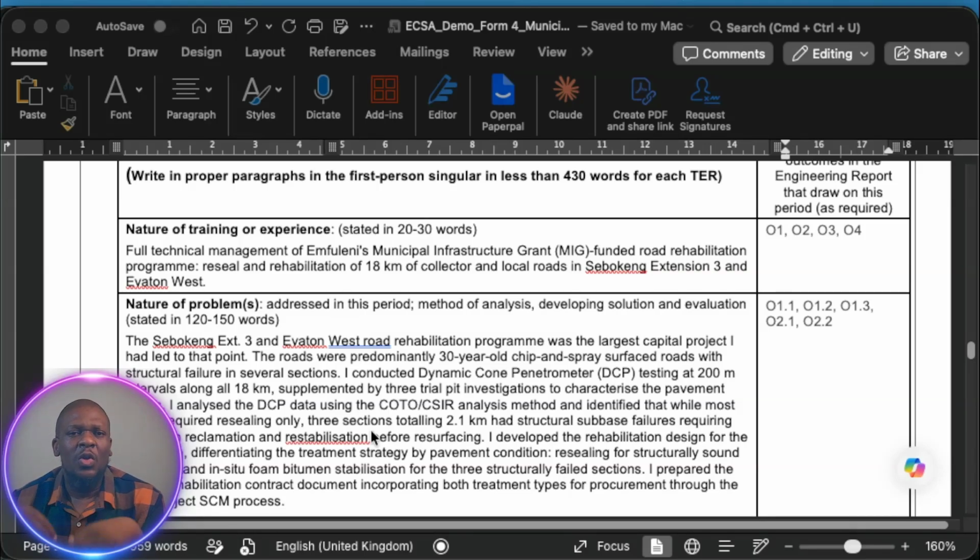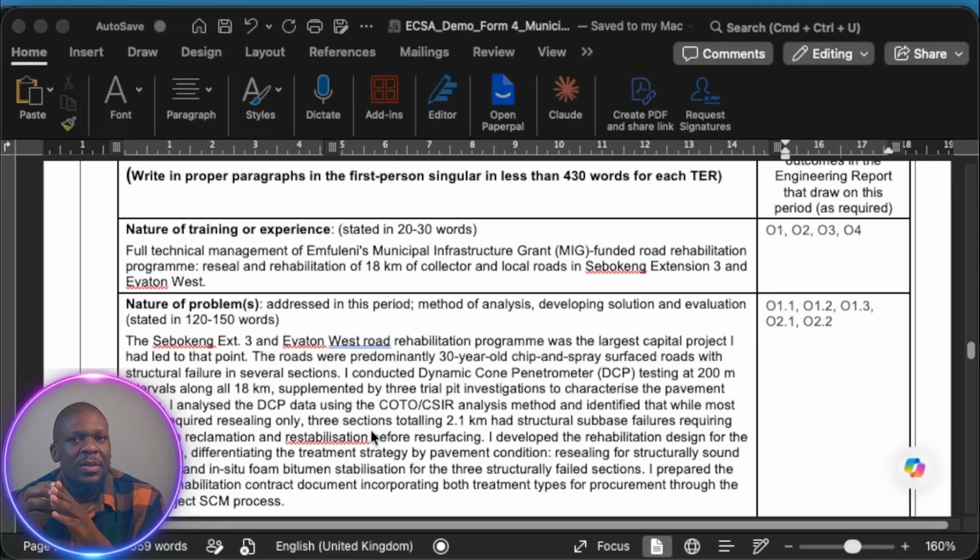And then it's also your responsibility to package the work to be executed. So this involves conducting maybe DCP.